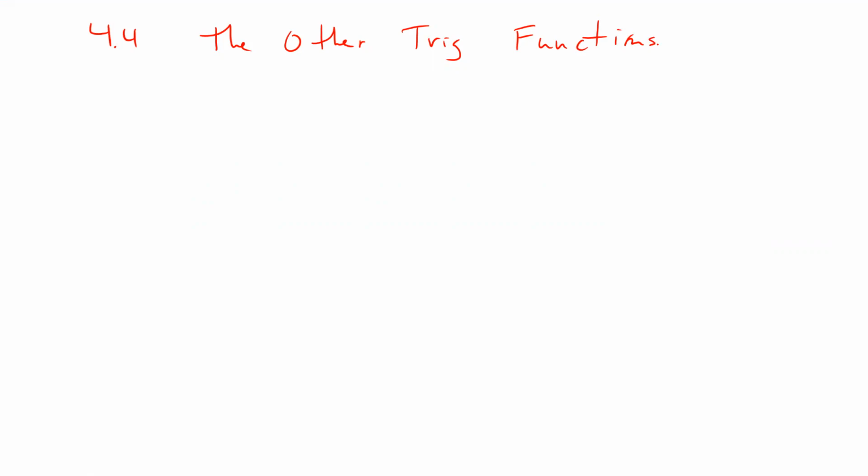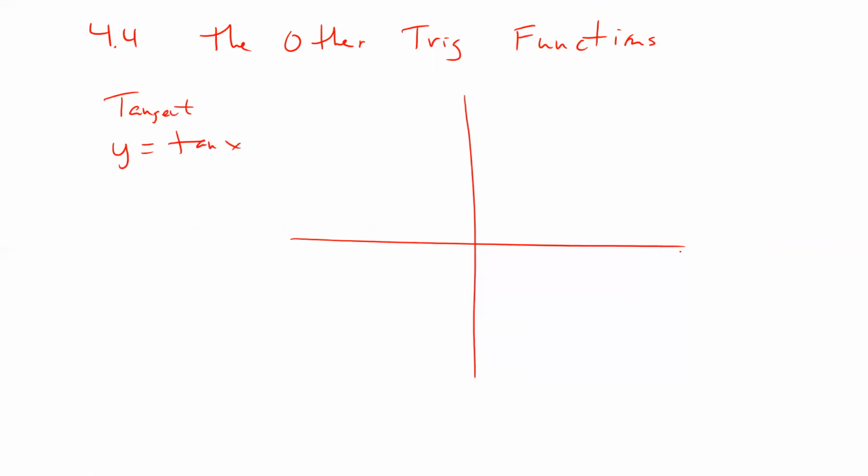So before we get started, let's actually rewind the tape real quickly here and find out what they look like. So the tangent function, y is equal to tangent of x. We have some critical points coming our way. So tangent function, we know, oh sorry, we already know that already. Is that right?